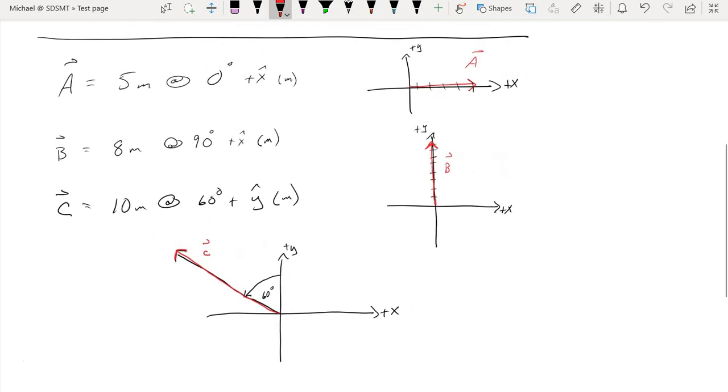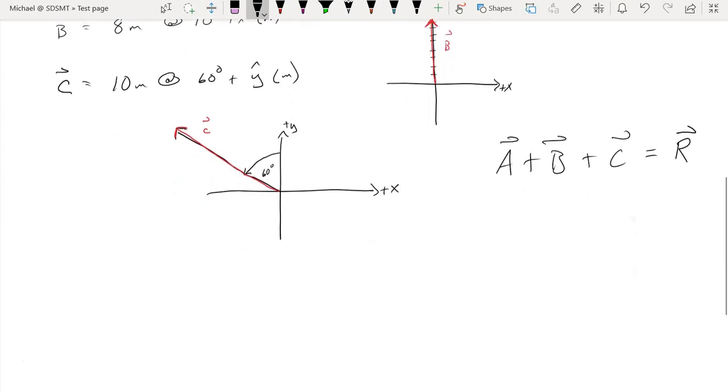Alright, well there are the 3 vectors that we have in this system. And what I want to do now is add them all together. We want to take vector A plus vector B plus vector C, and we are going to produce what we are now calling the resultant vector.